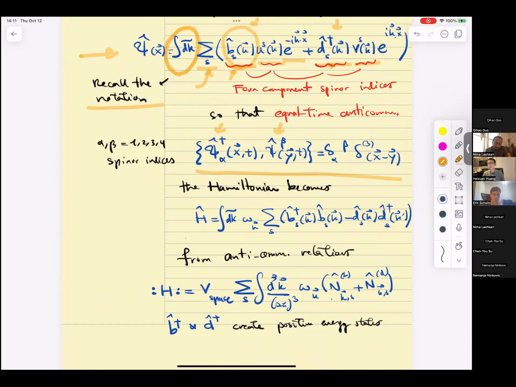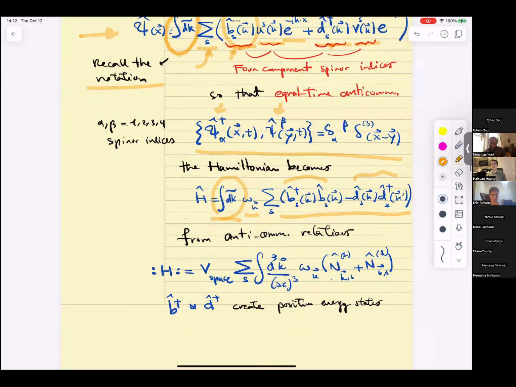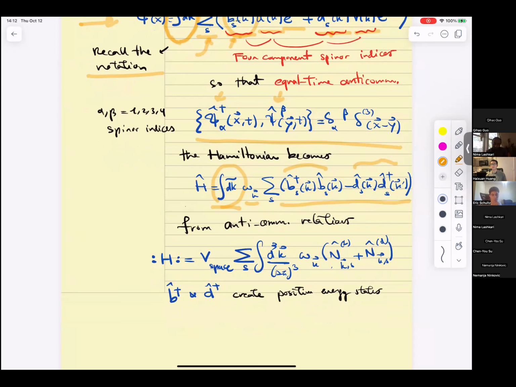Now, you could write down the Hamiltonian the way that we did it before, just following your nose. What you end up with is, again, an integral over the invariant measure, omega of k. Here you end up with B dagger B, of course, with a spin index, minus D dagger D. Here, there's something very interesting happening.